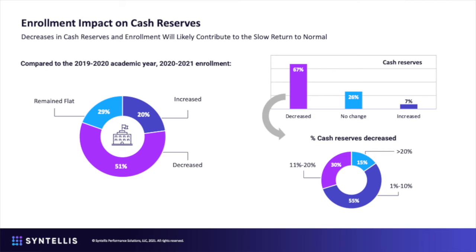About 29% was flat, 20% increased, but this also had a big impact on cash reserves. Not only because enrollment and auxiliary revenues were down, but also because there were investments that needed to be made to transform the university to go online. So Phil, any thoughts on how you've evaluated enrollment and cash in this environment?